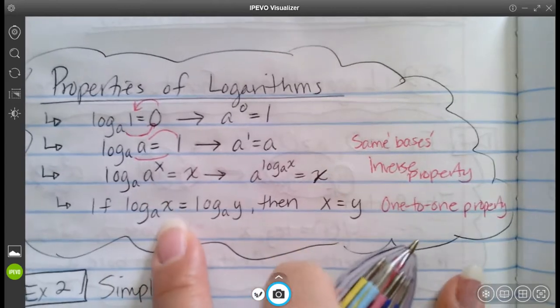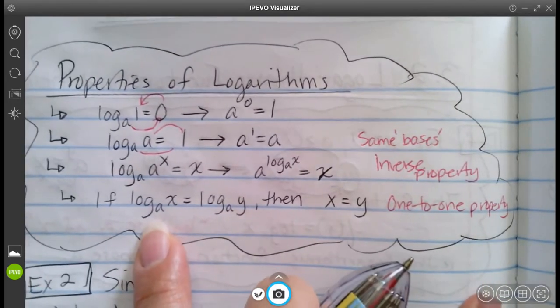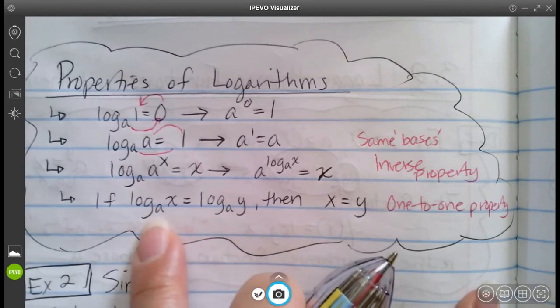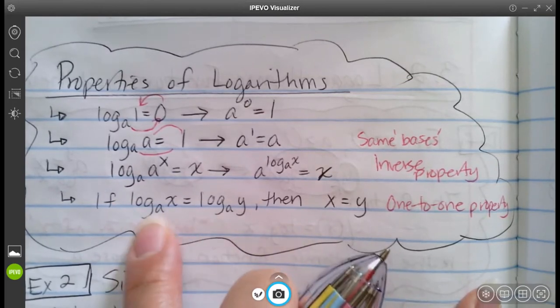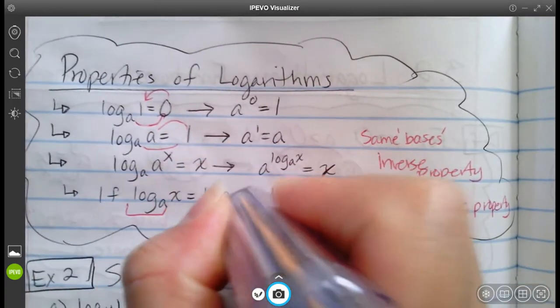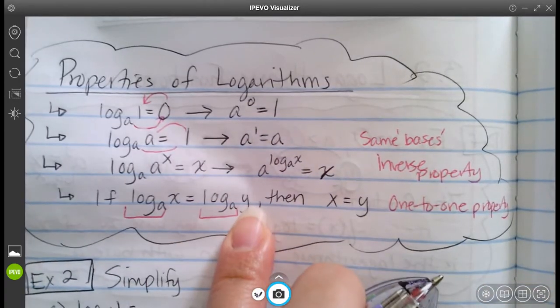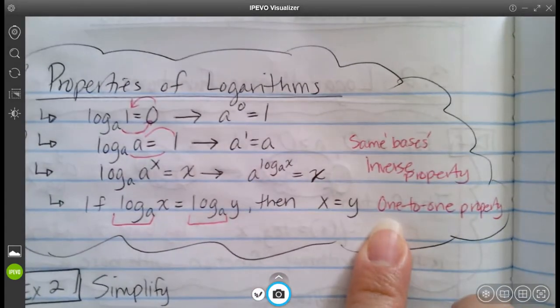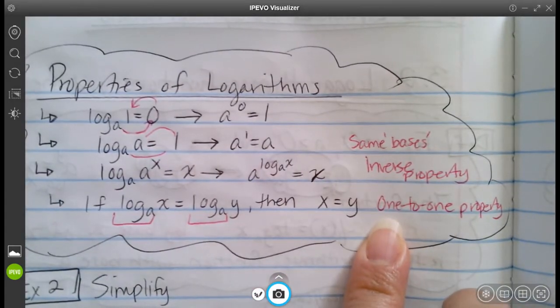I'm not going to give you this one entirely. And the last one is basically if we have two logs with the same bases, and this part is the same and this part is the same, well, then those two have to be the same. This is the one-to-one property that we saw also in our exponential ones.